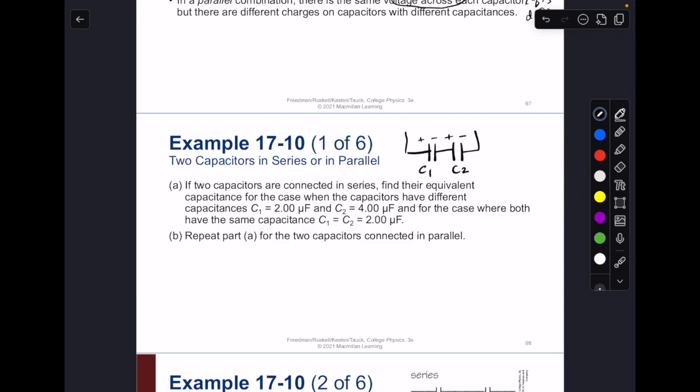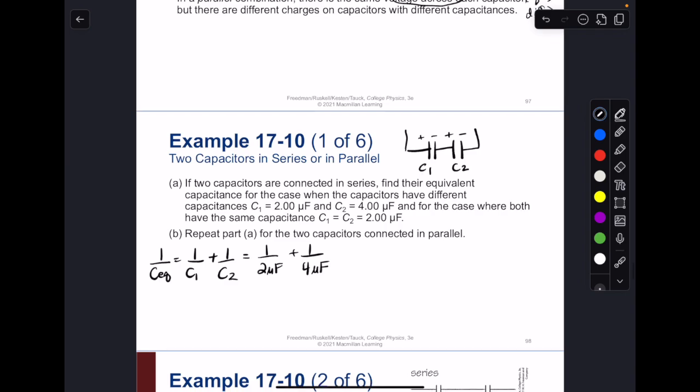How you add series capacitances: the inverse of the equivalent capacitance is equal to the sum of the inverses. So we plug in 2 microfarads and 4 microfarads, and let's do the math. 1 over 2 plus 1 over 4.